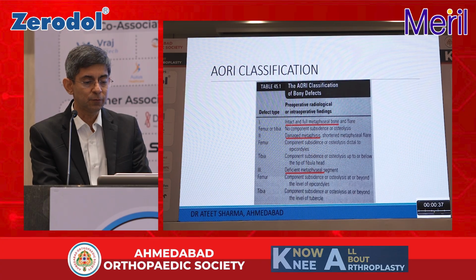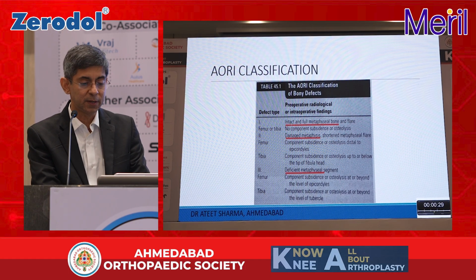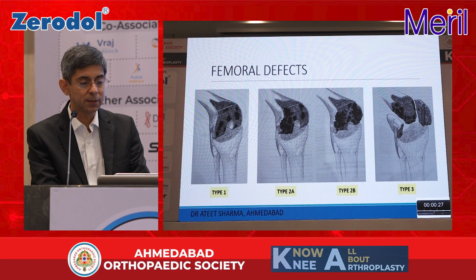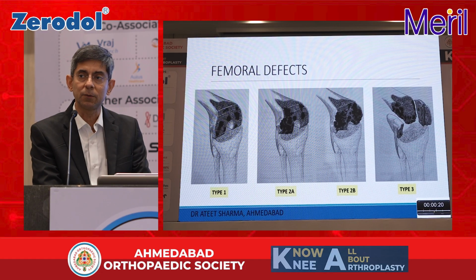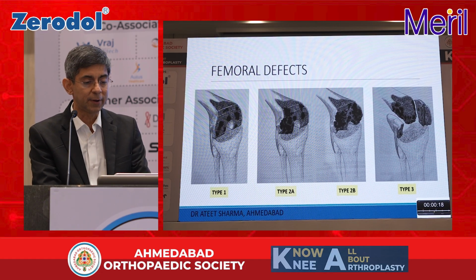So the classification of bone loss is the AORI classification, Anderson Orthopaedic Research Institute. First is full metaphyseal bone, second is damaged metaphysis, and third is deficient metaphysis. This is type 1 femur, type 2 is one or both condyles involved, and third is the collateral ligaments gone, maybe a supracondylar fracture.